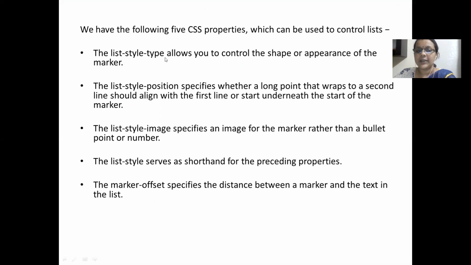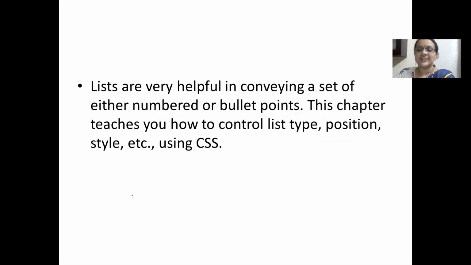List style type, where the style shape, circle or square or filled, comes. The list style position, inside or outside, comes here. The third property, I showed you how we can add an image on the bullet. The fourth one is the list style shorthand. And the last one is the marker offset, which specifies the distance between the bullet and the letters. So it will be clear for all, I think. Thank you so much.